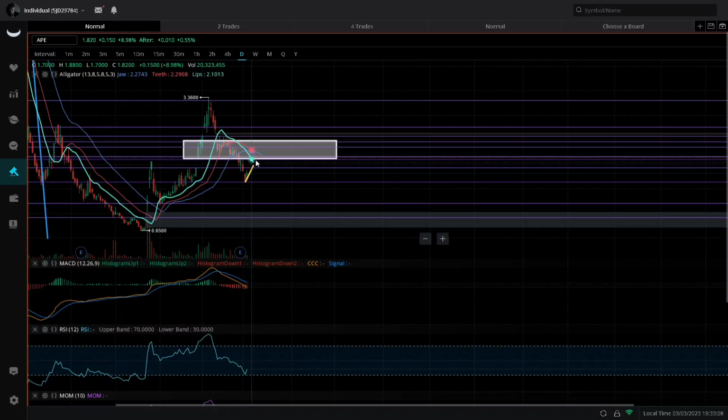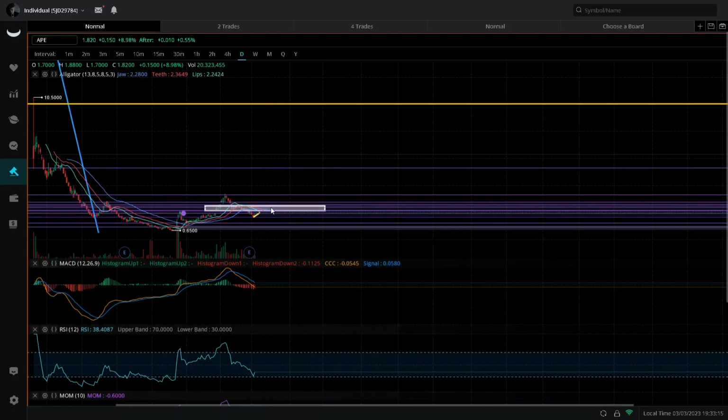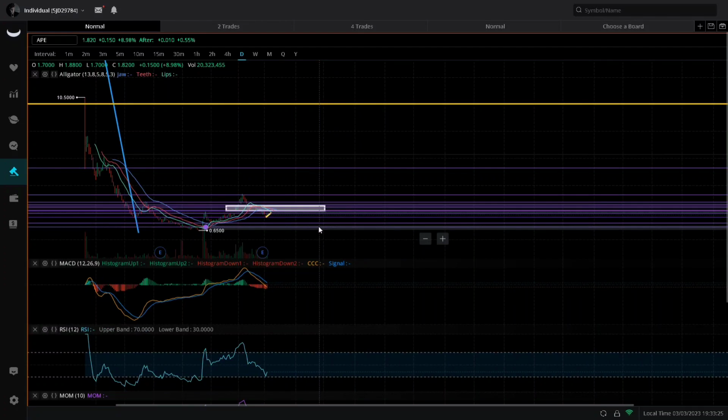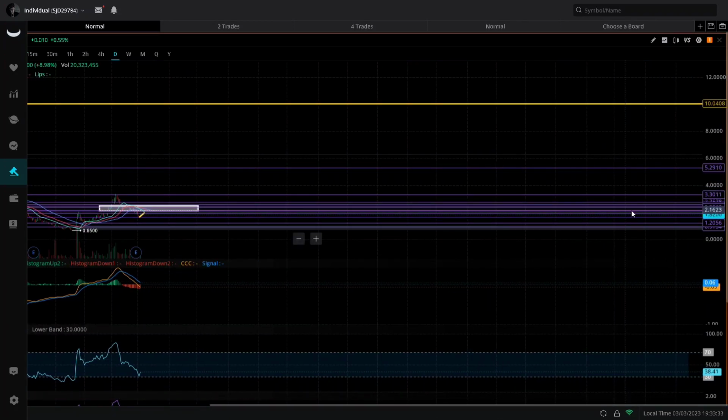It looks like there might be a little bit of momentum to the downside, so we might have a little bit of consolidation here at this $1.50, $1.60 range. But in my personal opinion, that would be a buy. So in the bearish scenario for APE, I would be looking at a retest of the $1.60, $1.50 region, maybe even $1.40, and we also have support at $1.20, which is a major support and resistance.